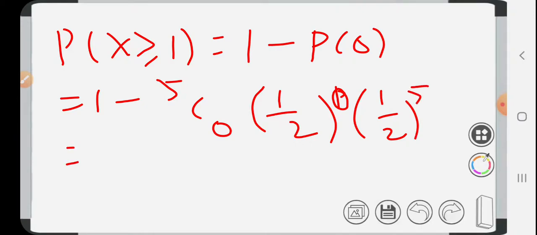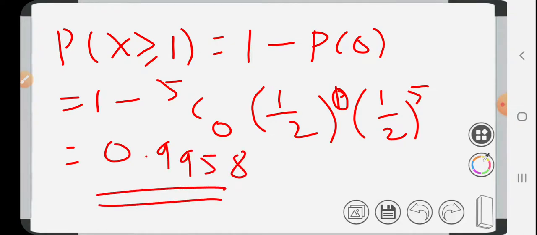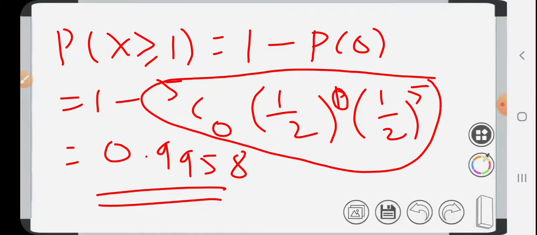So your answer is 0.9958, right? 1 minus that, because this answer 5C0, you will get 0.004, and 1 minus that you will get 0.9958. Okay, so this is the solution of our second problem.